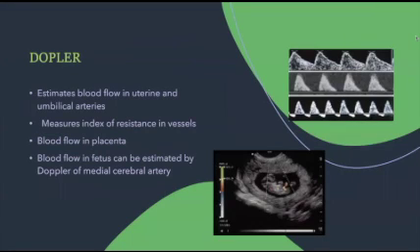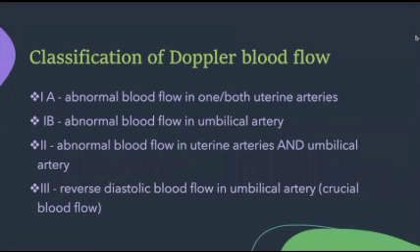And dopplerometry must be done. Here we estimate blood flow in the uterine and umbilical arteries, measure the index of resistance in vessels, and check blood flow in the placenta. Also, blood flow in the fetus can be estimated by Doppler of the middle cerebral artery.